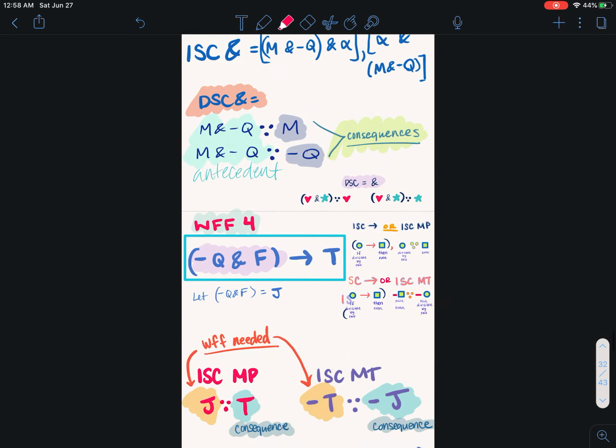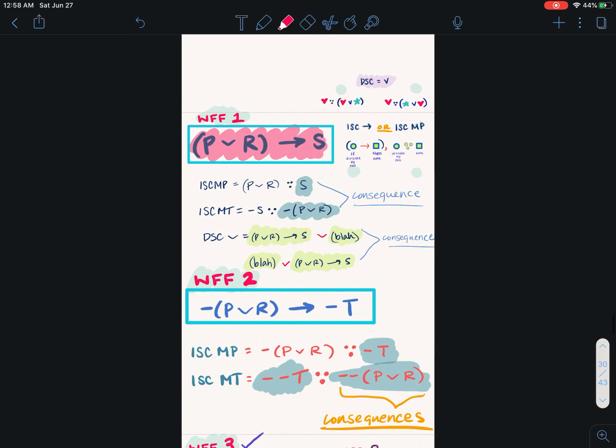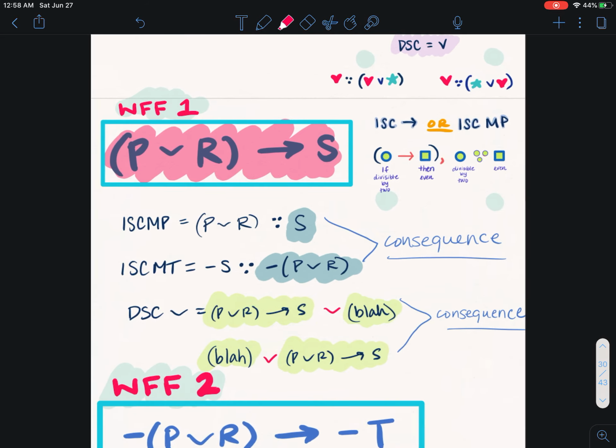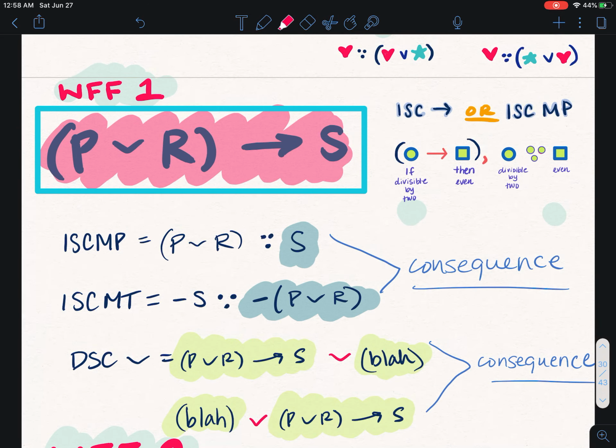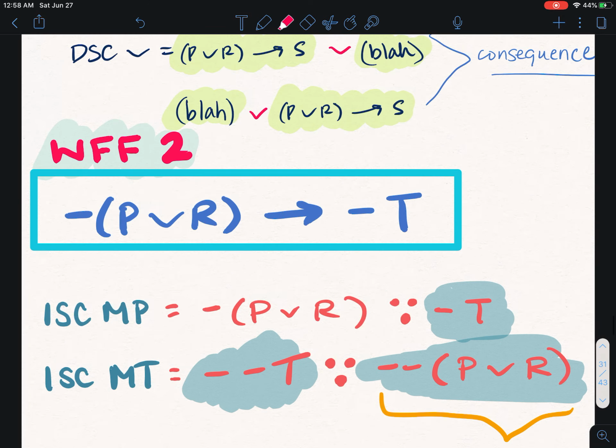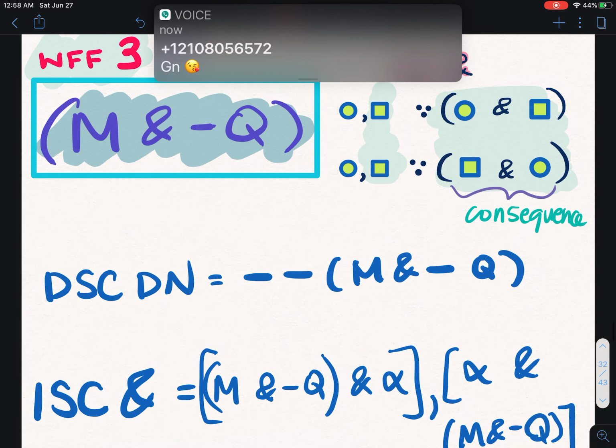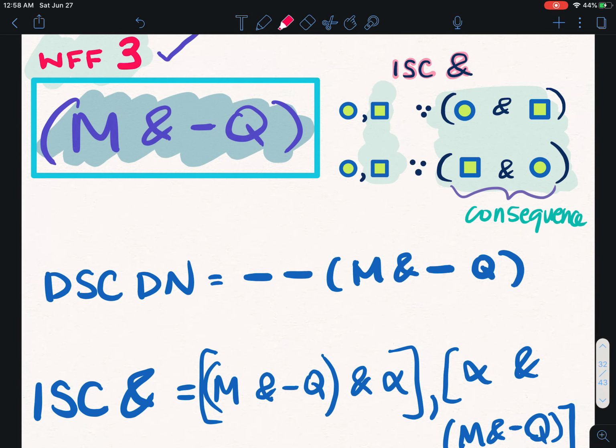All right, so we don't need to look at wolf 1. We don't need to look at wolf 2 because there's no M's. So we have wolf 3.